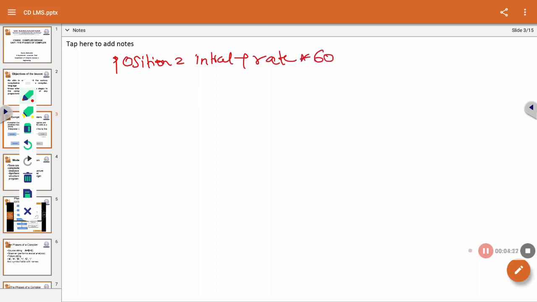When this expression is compiled by the compiler, it checks position, assignment, initial plus rate into 60.